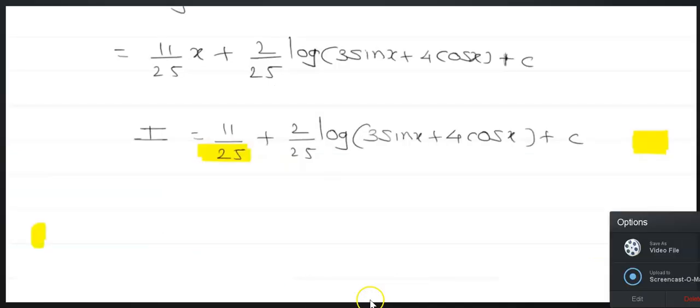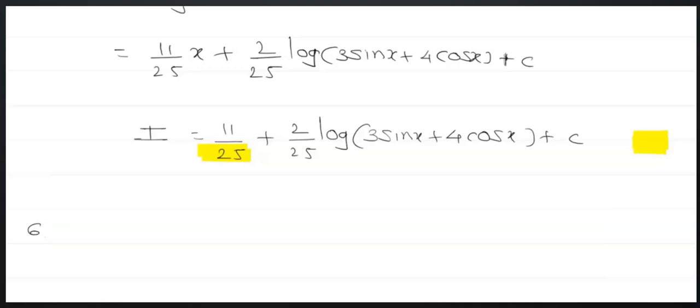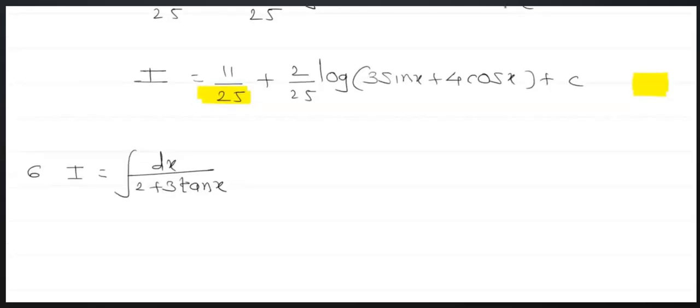Now the next problem is problem number 6. I is equal to integral 2 plus 3 tan x. Now here again the numerator is equal to a into denominator plus b into derivative of the denominator, or we'll simplify it in this form.